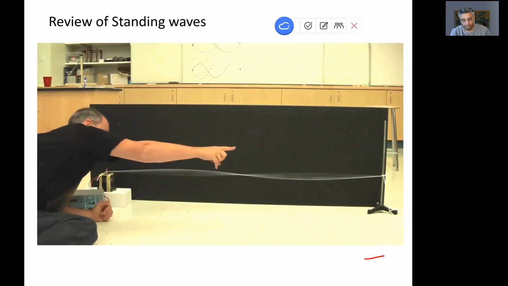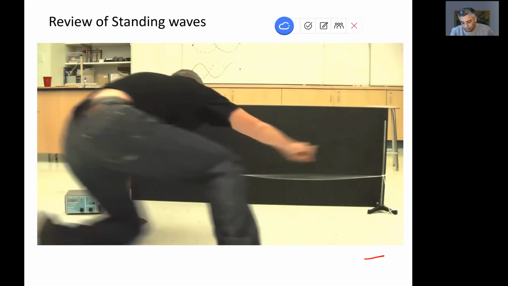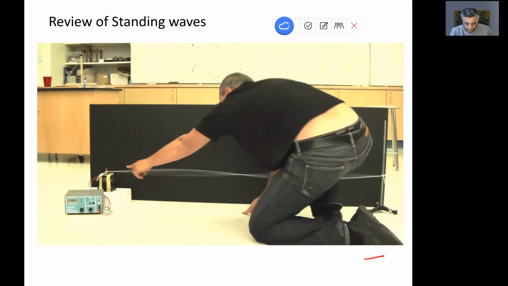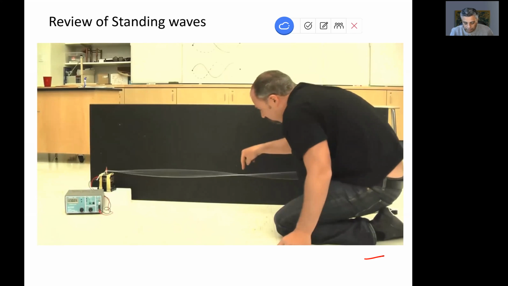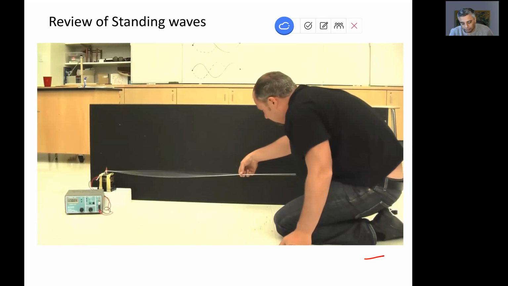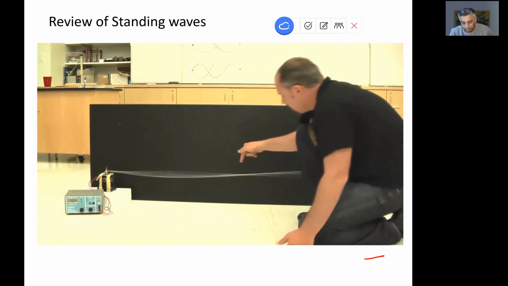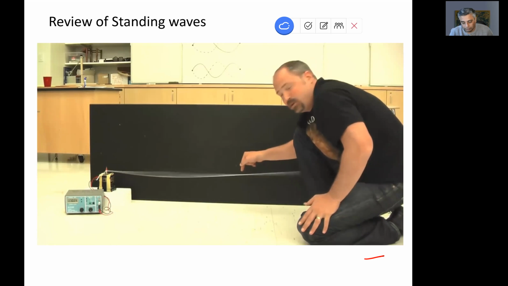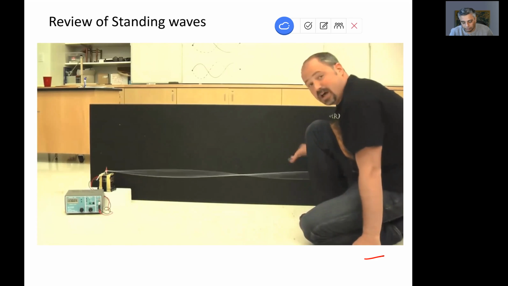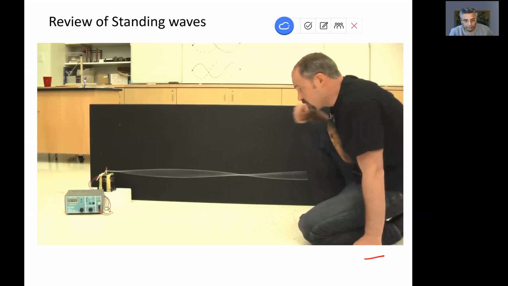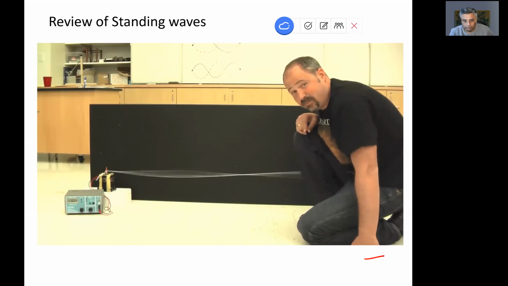Now the waves that come down and reflect destructively interfere with the incoming waves right here. And that's called a node. I can touch it and it still is working. So the node is not moving. Here it's moving up and down, and here it's moving up and down. And we'll see that in a second with the high-speed camera.